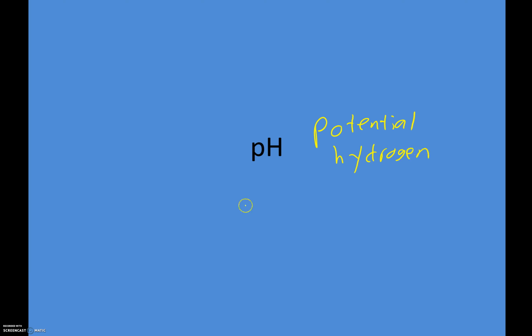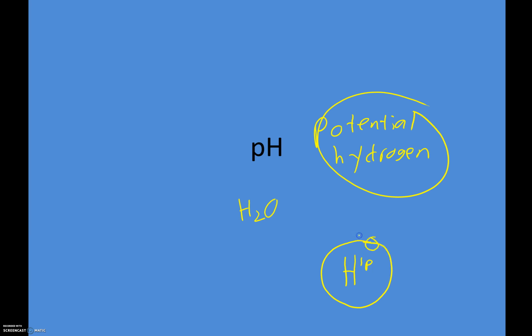Well, if we think about water, water we know is H2O. Something that we know about water is that it can dissociate into ions, and certain chemicals will cause this to happen, and certain chemicals will produce some of these ions. So for this potential hydrogen, think back to what hydrogen is. It's one proton, no neutrons, with one electron orbiting.